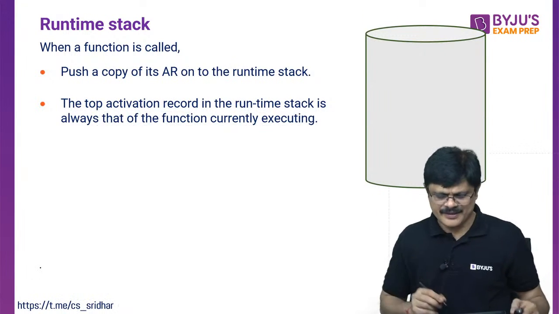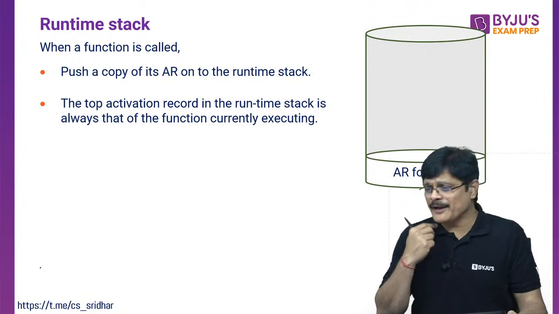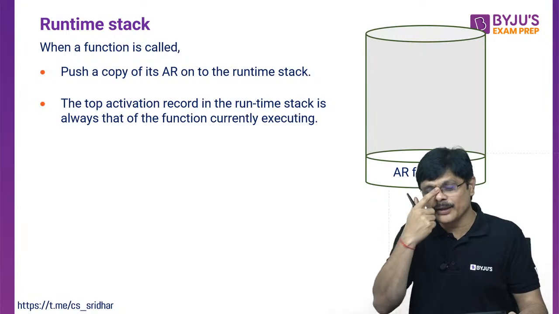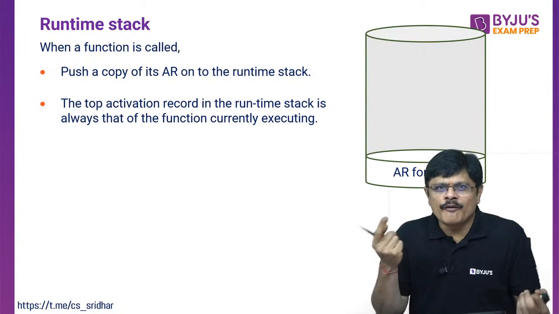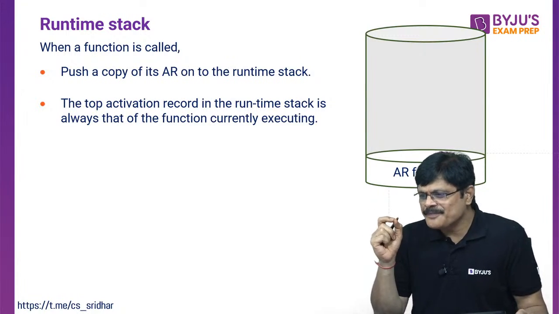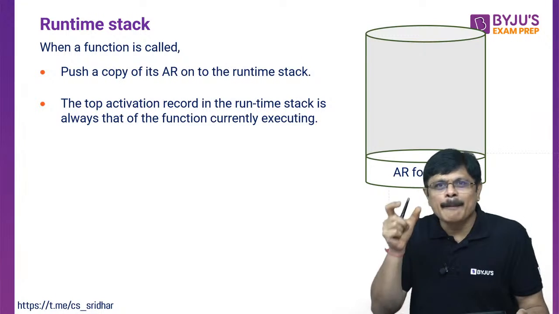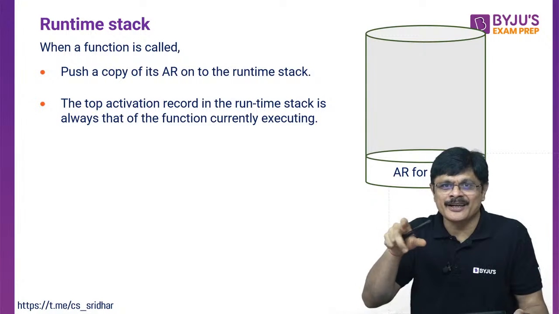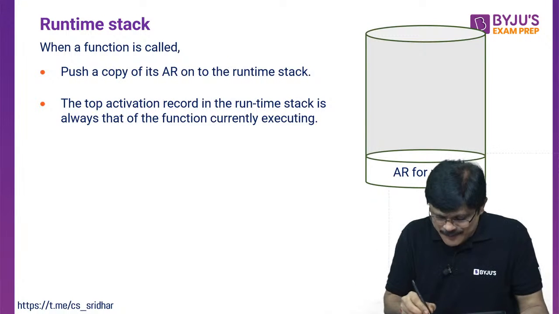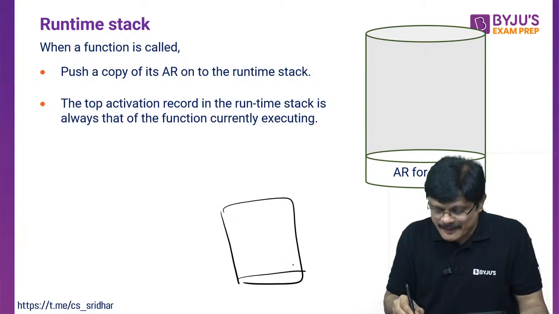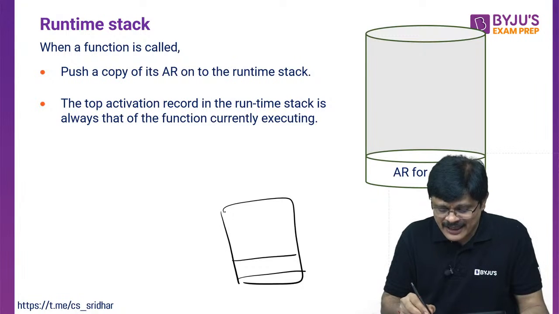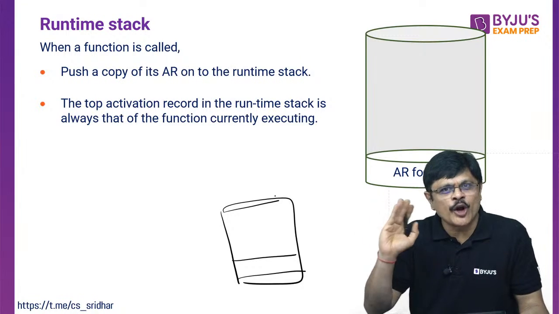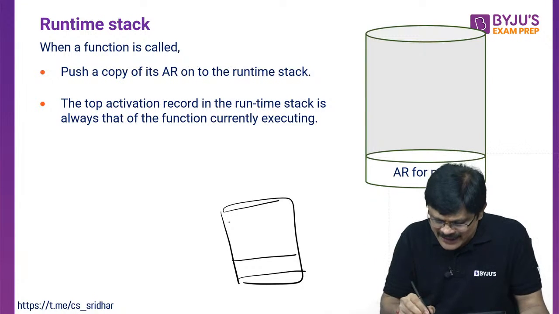Let me clarify this. Now look here. First, obviously, execution begins from the main function. The activation record of the main function is pushed onto the stack. And again, as I told you, there are different segments: a code segment, a data segment, some space for environment and command line arguments, and the stack segment.